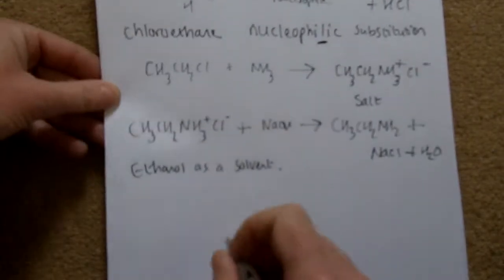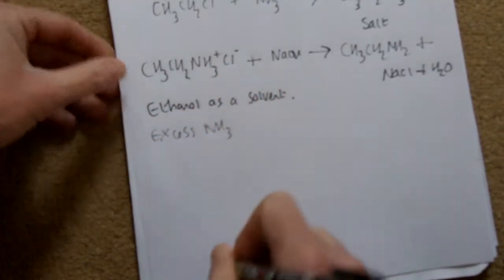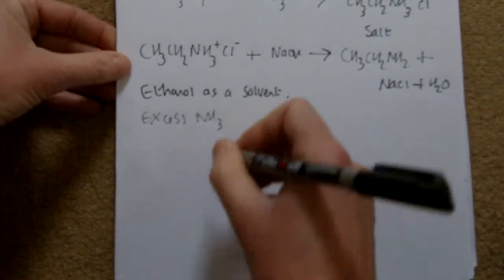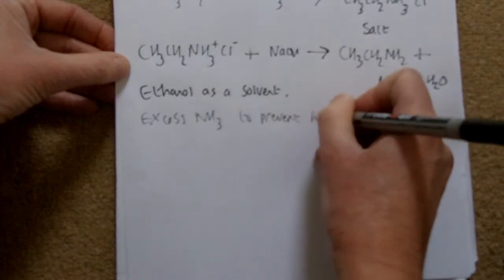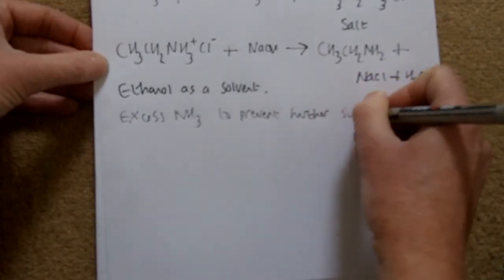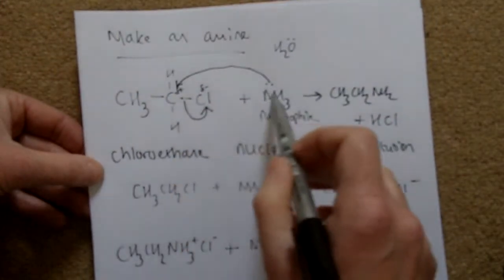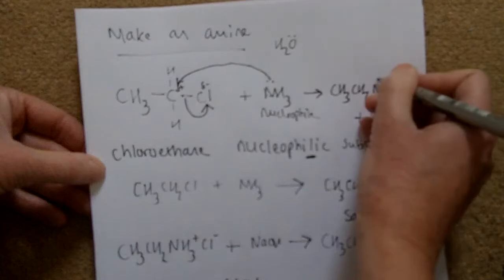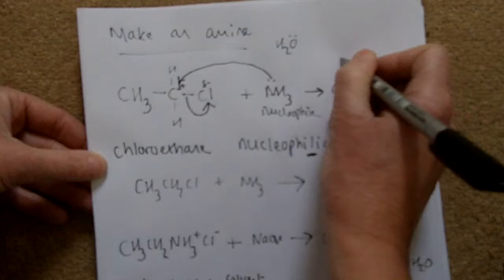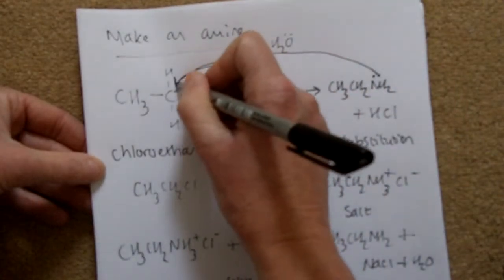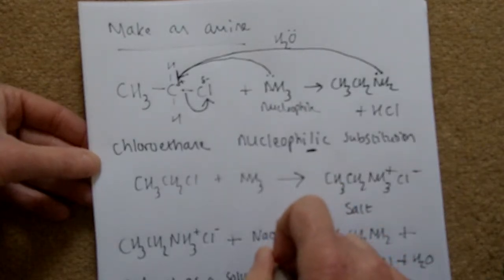Another thing as well, for this reaction to work, you need an excess of ammonia. And the reason why you use a lot of ammonia is to prevent further substitution. So for example, as soon as we make this product, can you see that this product has got a lone pair of electrons? The product can just as easily come in and attack, and then you get a secondary amine.